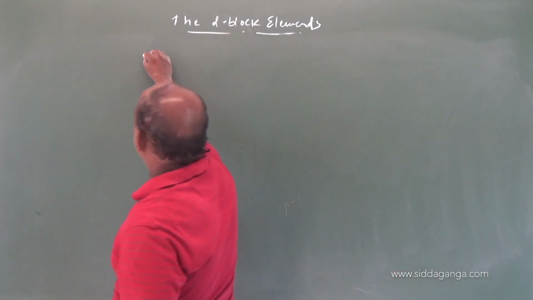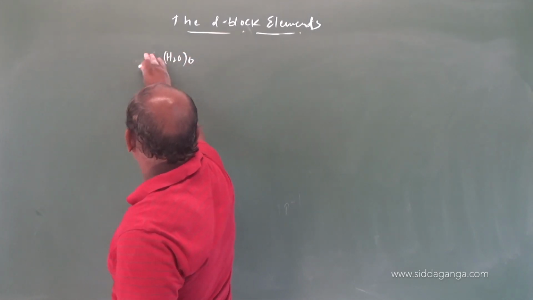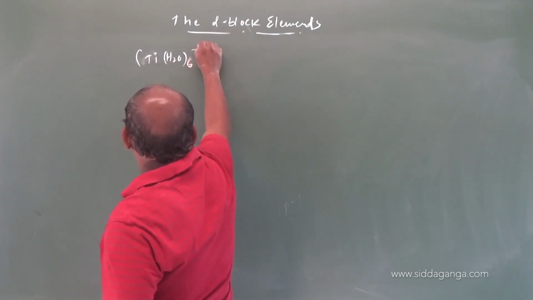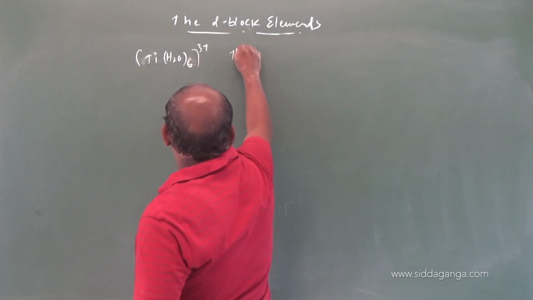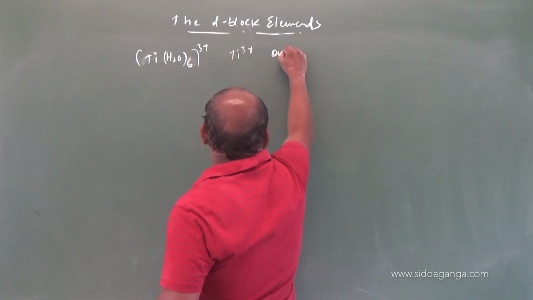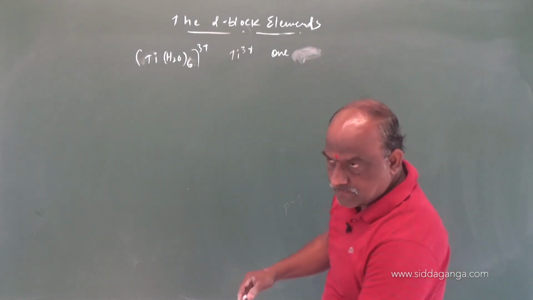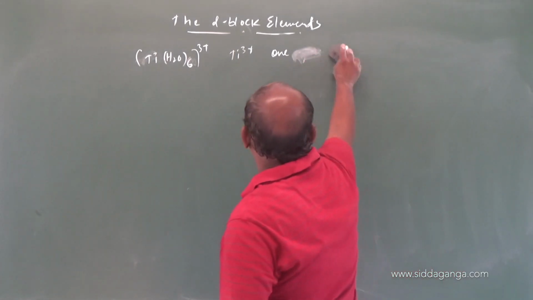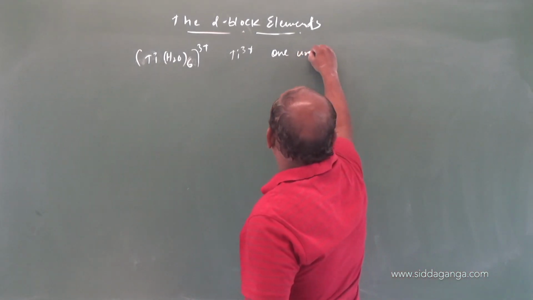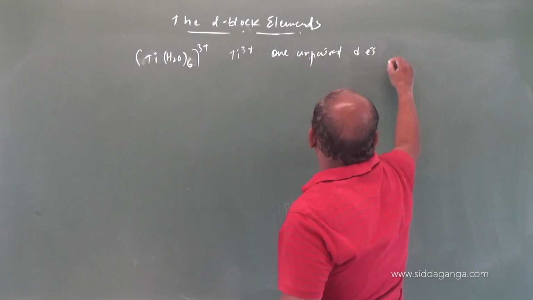It is Ti(H2O)6 3 plus, and in this example Ti 3 plus has 1 unpaired d electron.